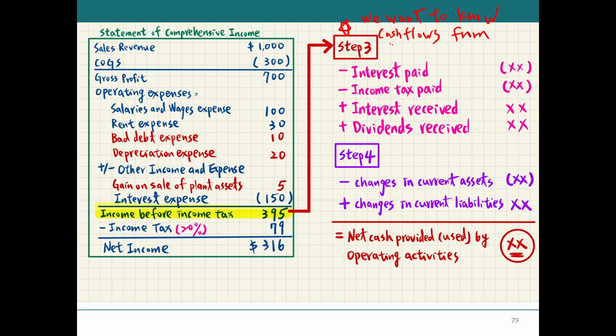From 3 big guys, right? So what are these 3 big guys? Creditor, shareholders, and government.